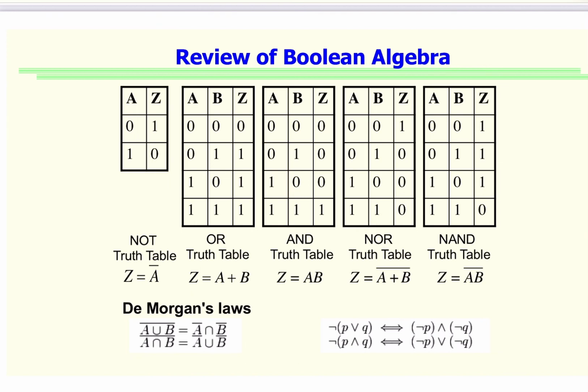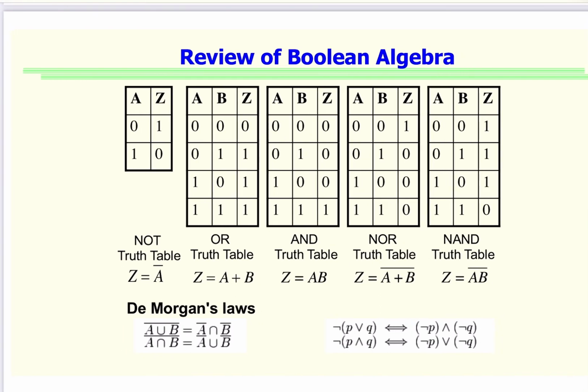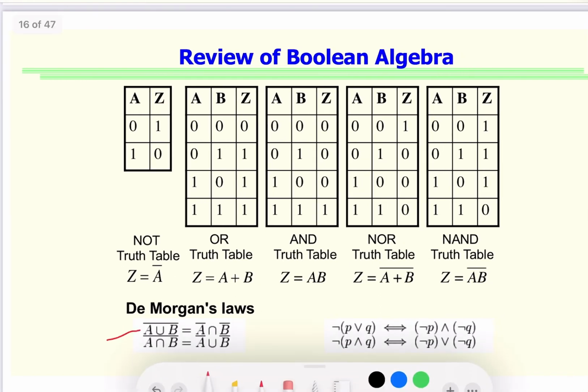So we take the union, which is OR, or you take the intersection, which is AND, from set theory, and that has associative properties. So if you take the union and you take the inversion, it is the same as taking the intersection of the inverted inputs. So that's just the basics of Boolean algebra.